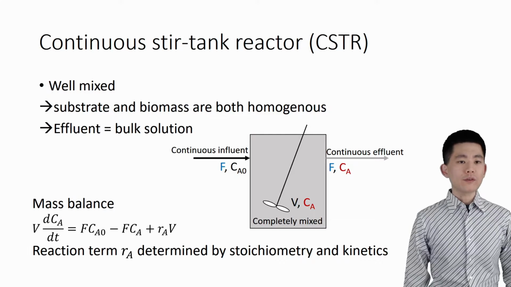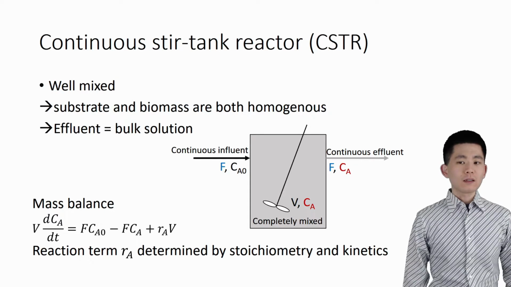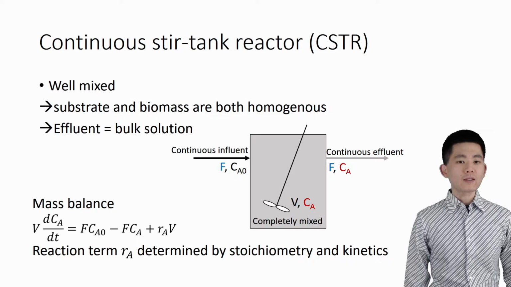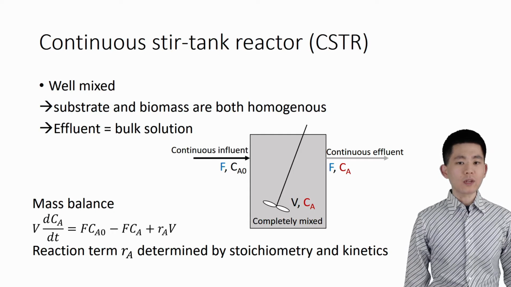It equals F CA0, the mass of component A that gets in the reactor per time, minus F CA, the mass of component A that gets out of the reactor, plus RA times V, which is the total reaction in the reactor. The reaction rate RA is determined by the stoichiometry and kinetics of component A in different processes.